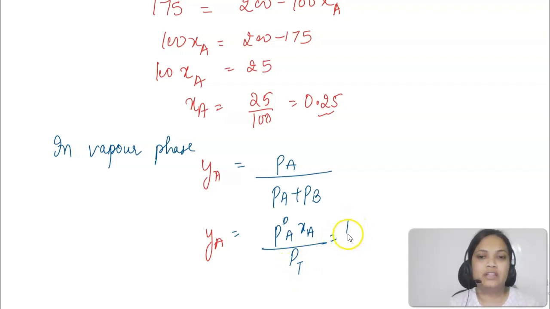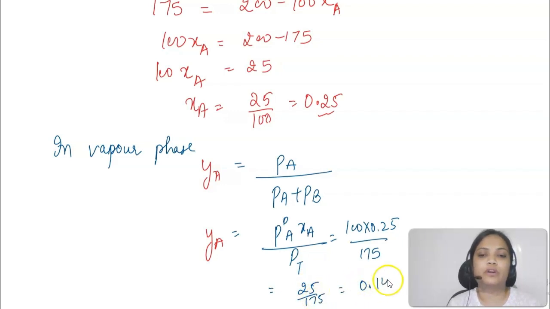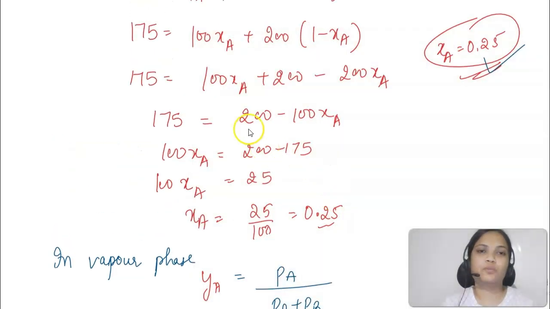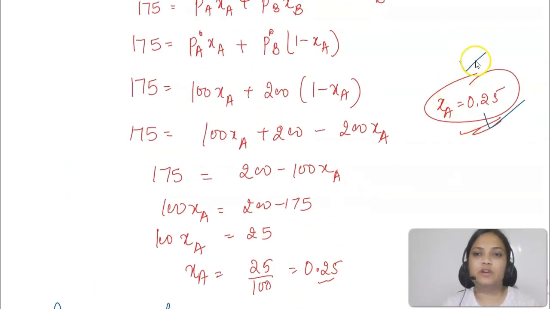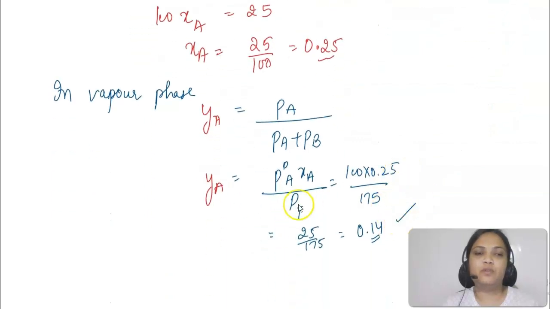This I have already calculated: 100 into 0.25 upon 175. So from here it will be 25 upon 175, which is coming out to be 0.14. So in liquid phase it's 0.25 and in vapor phase it is 0.14.